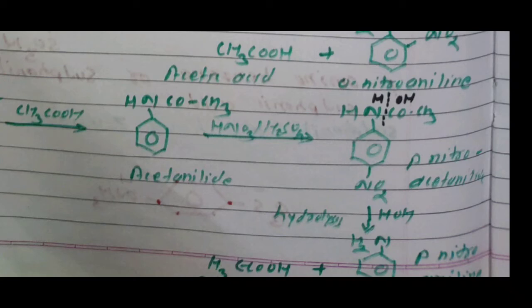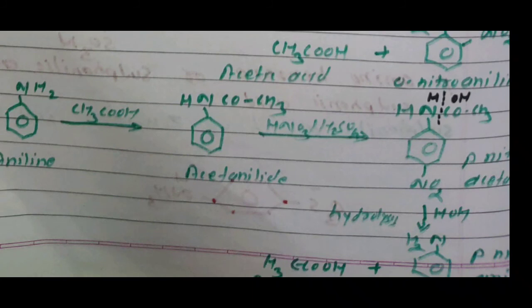I am showing here that H attaches to the NH and OH attaches to the COCH3 group, releasing one molecule of acetic acid, and the NHCOCH3 group is converted back to NH2, with NO2 at the para position, forming para-nitroaniline.